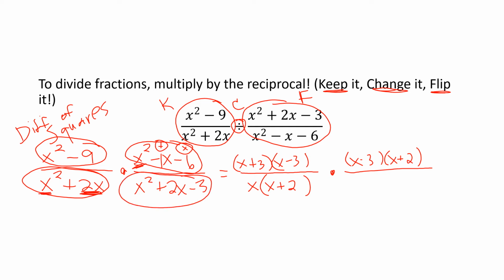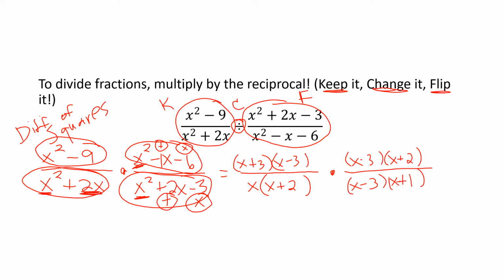Same thing on the bottom. I have 3 terms, so I know I need an x times x to get that x squared. And then I'm looking for what multiplies to negative 3 and adds up to positive 2. So that would be x minus 3 and x plus 1.